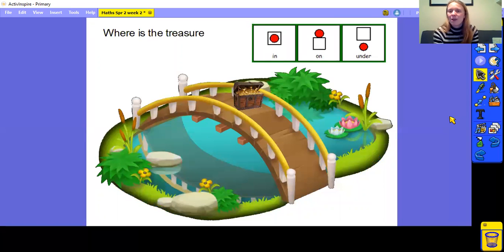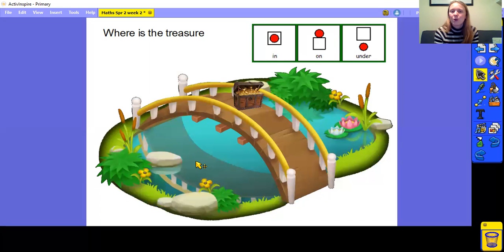Okay, here we have a little map and the treasure is hiding inside the map. Your job is to try and find it. Don't forget about all those words that we learned about at the beginning. We have a plant, another plant, a lily, a bridge, and the pond.